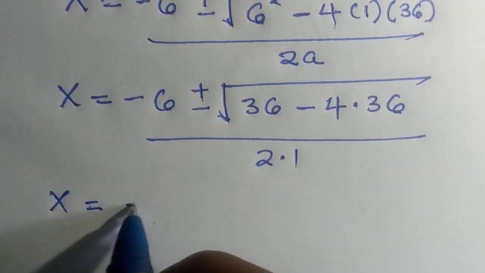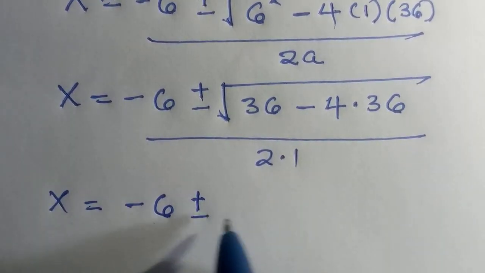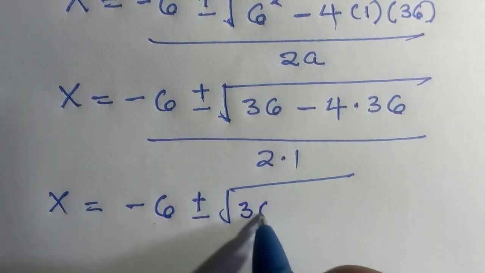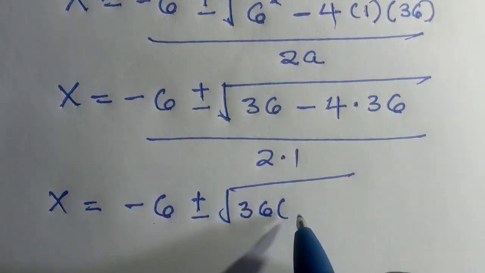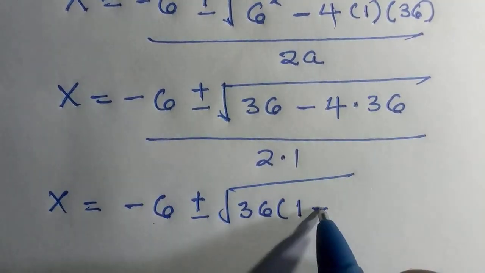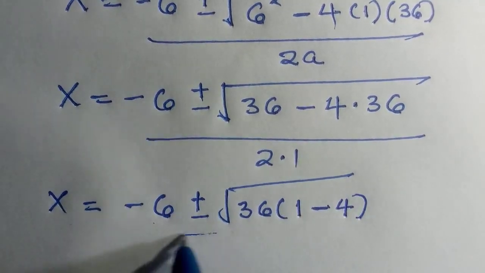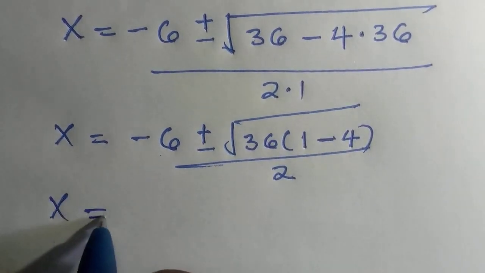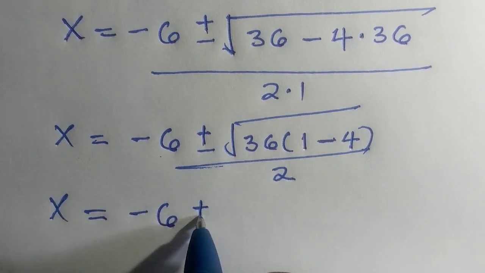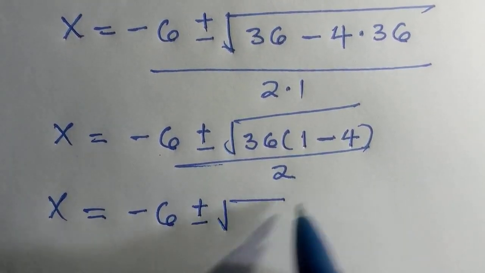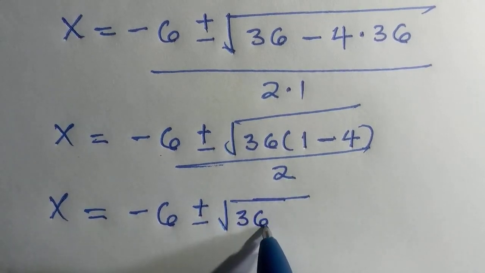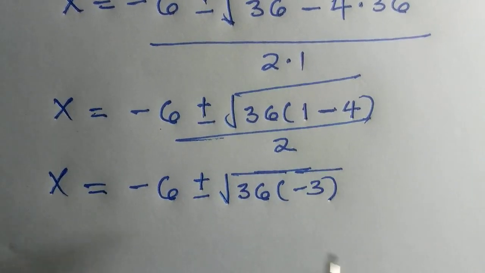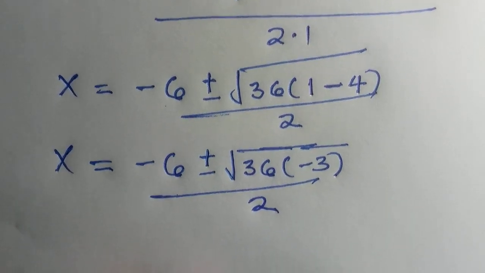So x equals minus 6 plus or minus the square root of, by factoring out 36, we have 36 divided by 36 is 1 minus 36 divided by 36 here as well is 4, divided by 2. Next we have x equals minus 6 plus or minus square root of 36 into bracket of minus 3, divided by 2.